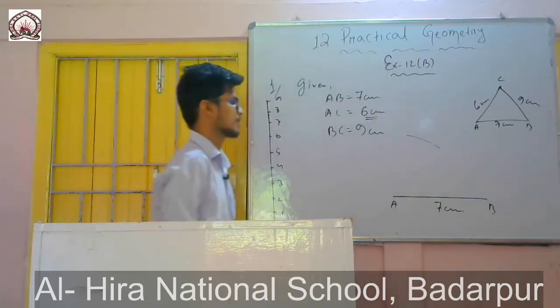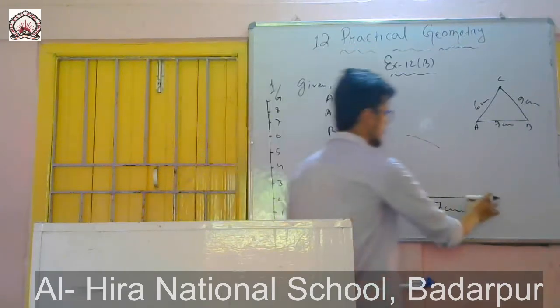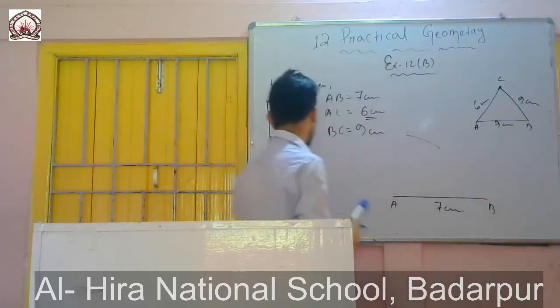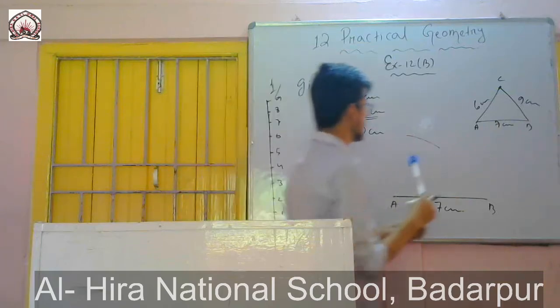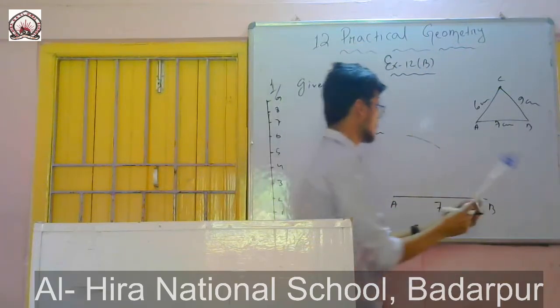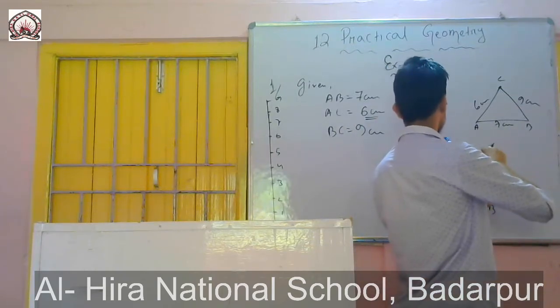Now it is given that BC equals 9 centimeters. Somewhere there will be C. You measure 9 centimeters like earlier, put it at point B and cut an arc like this.